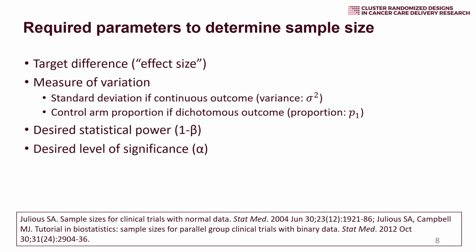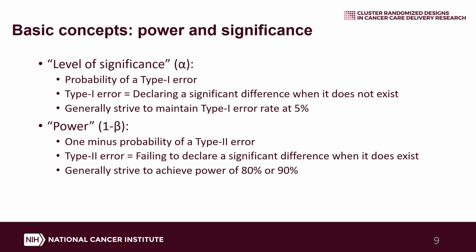We also need to specify the desired level of power and significance. By the level of significance, sometimes referred to as alpha, we mean the probability of making a type 1 error, where a type 1 error is the event of declaring there to be a significant difference when in fact it doesn't exist.